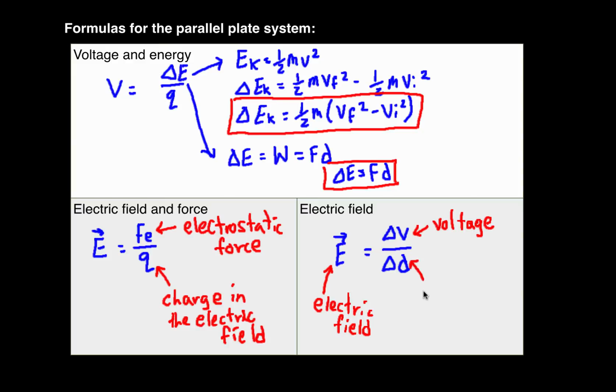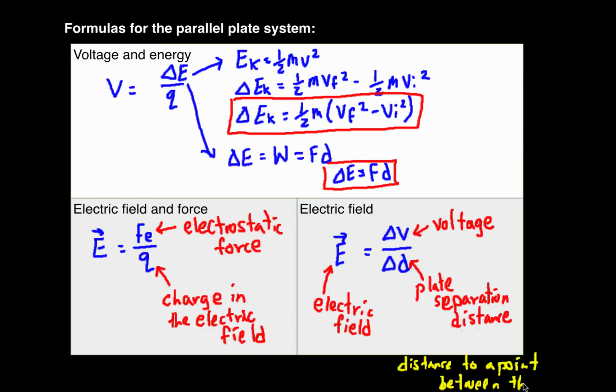The change in distance is the separation distance between the plates, which means how far they are apart. Delta D could also be a distance to a point somewhere between the plates, which would give you a voltage at some point between the plates.